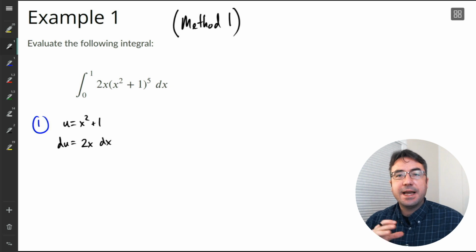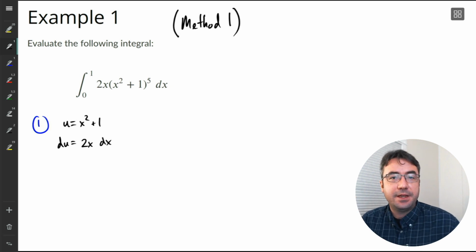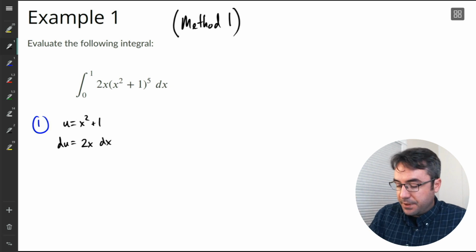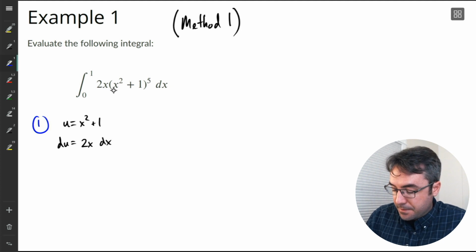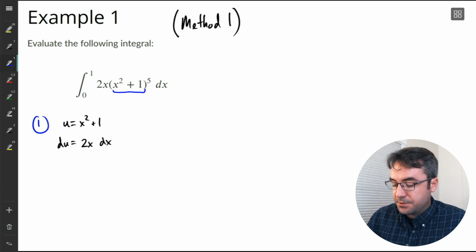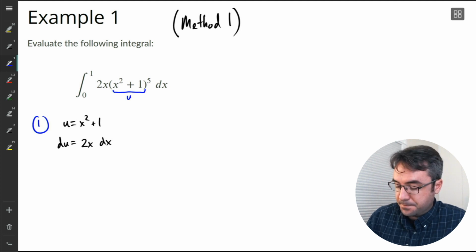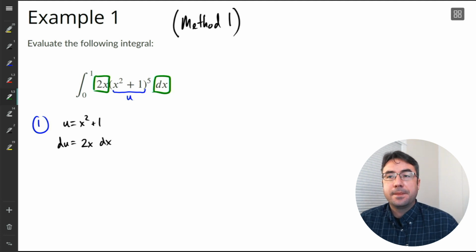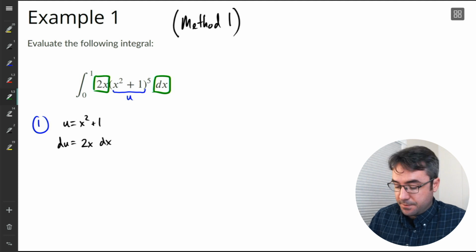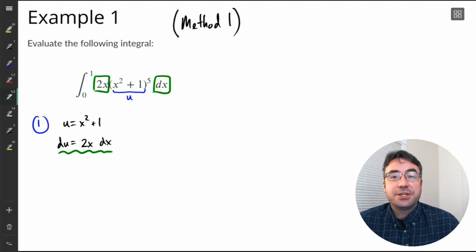And then we want to see how these two pieces are going to fit into our integral. So if we look, the x squared plus 1 here, we know that's going to become u. And then the 2x and the dx here match up very nicely with what we calculated for du.